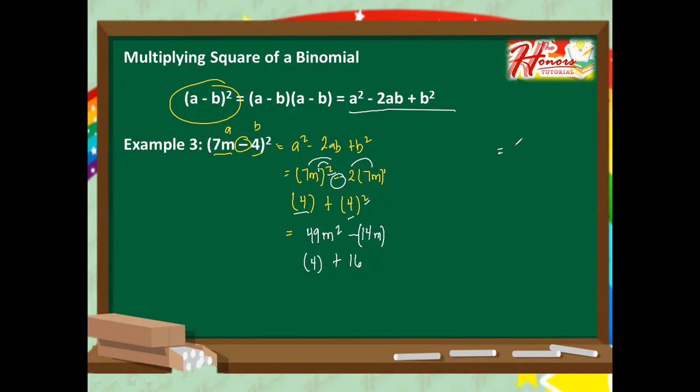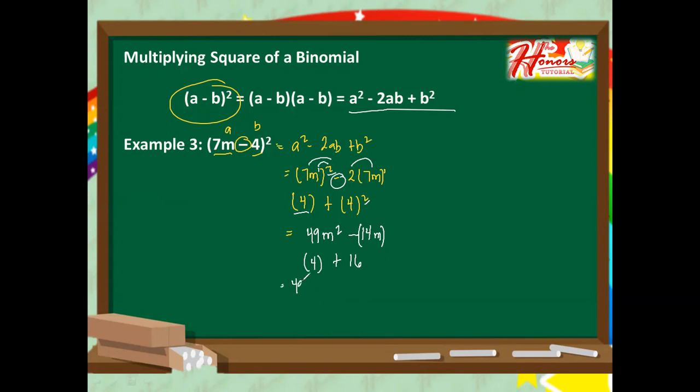So we have here 49m squared minus 14m times 4. Just multiply 14 and 4, so that is 56. And then let me rewrite it for you here.